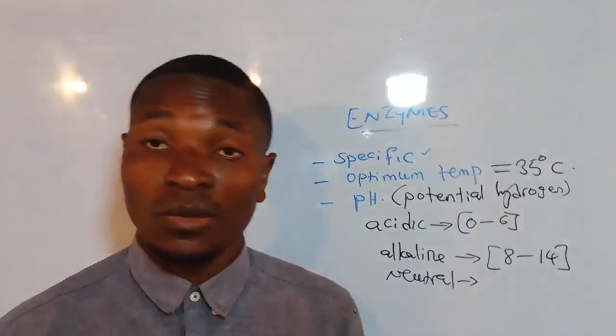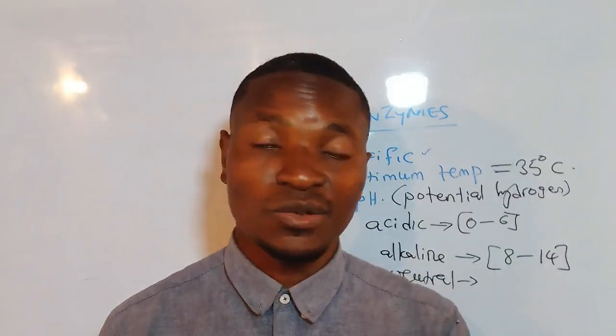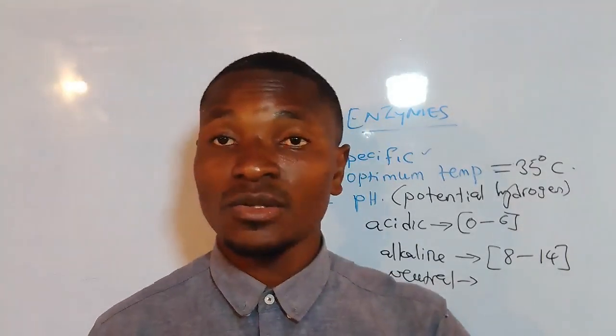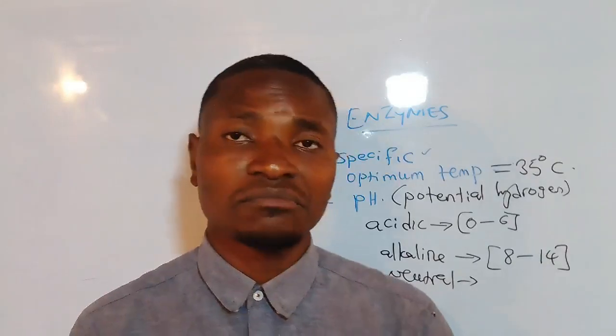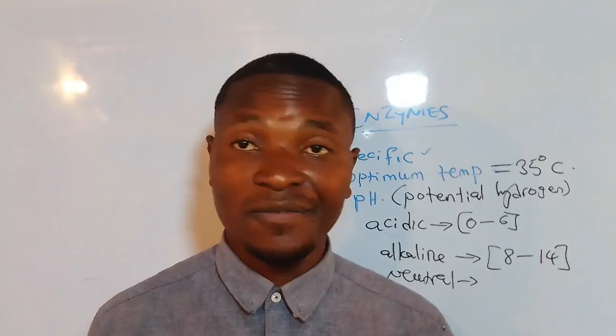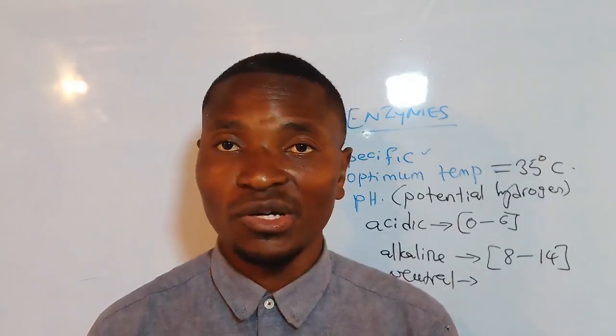Then you can see from this that some substances can also be neutral. So you can have an environment under which the pH is neutral. If the pH is neutral, then nothing is going to disturb that, so there are enzymes that can work in the neutral environment.